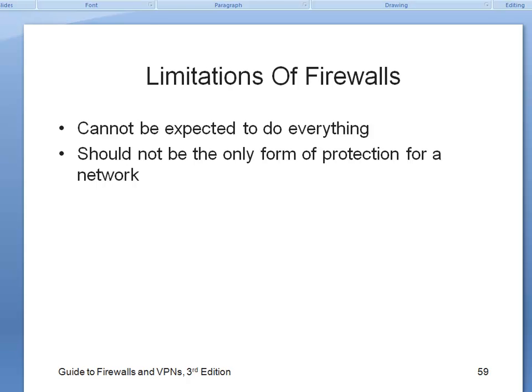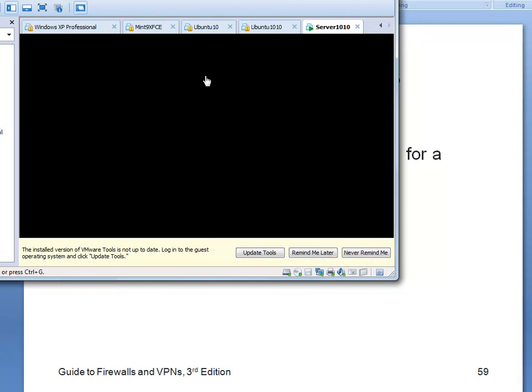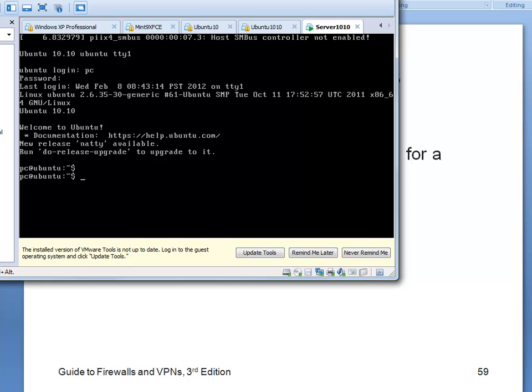Okay, so I have two virtual machines running. I've got Mint 12 running, and over here I've got Ubuntu server running. And let's see what IP addresses these are to make sure they're on the same network.